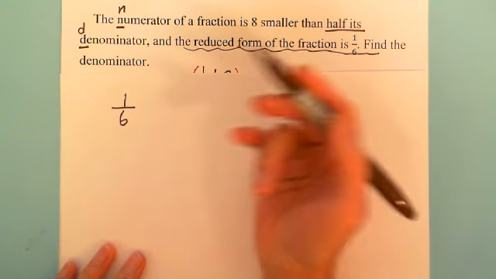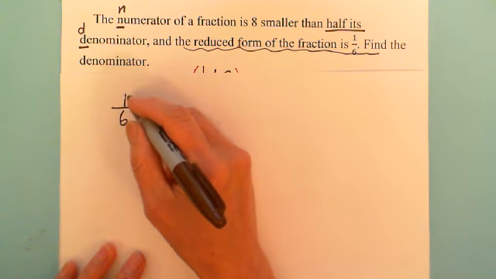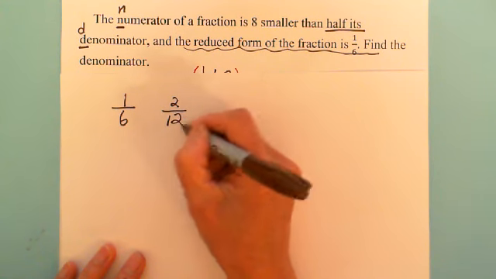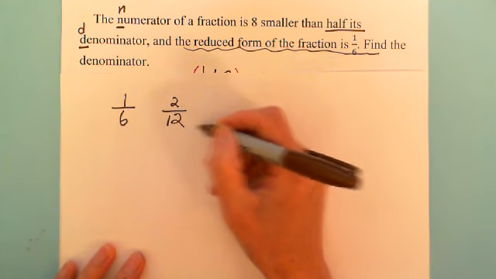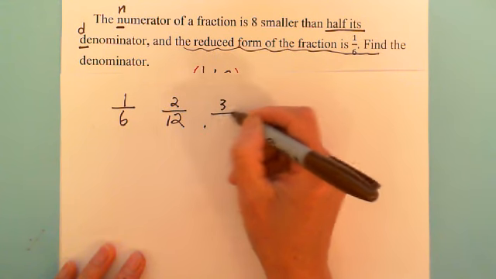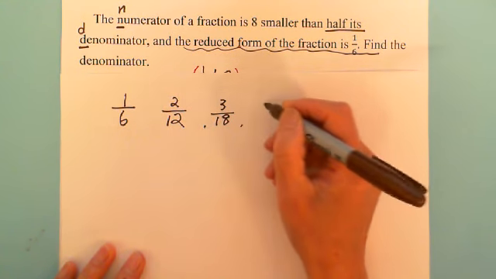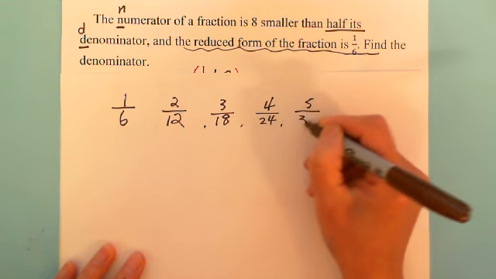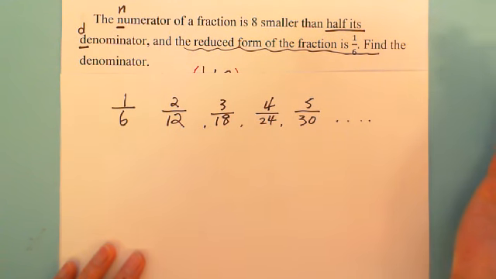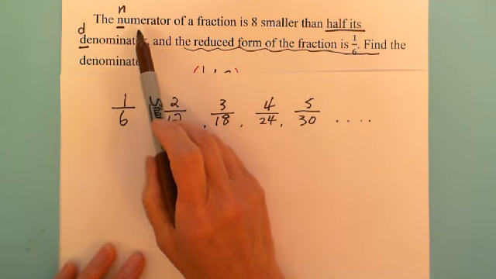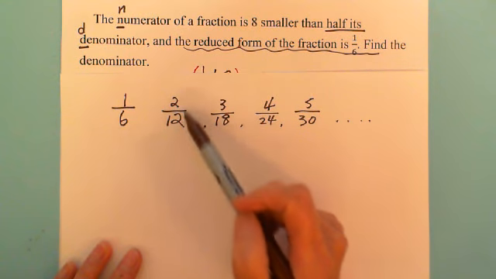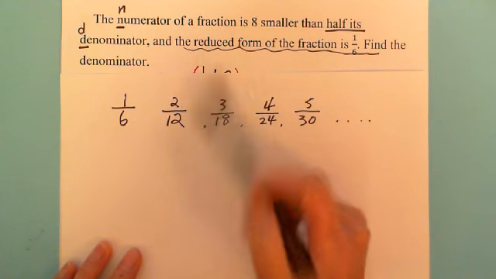Equivalent fractions of 1 over 6 could be 2 over 12, 3 over 18, 4 over 24, and 5 over 30. You have many, but you don't know which one satisfies this sentence. Then you try each of them to find which one is satisfied.